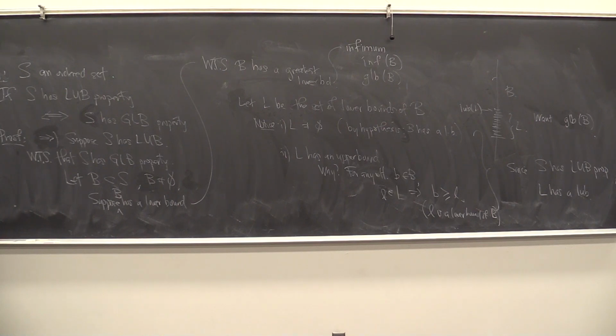Okay. So you might think, suppose we're talking about Q, and Q sits inside of R. If our S were Q, say, so maybe this is how you're thinking, I'm not sure. Maybe you're thinking, well, what if S is actually sitting inside of a set and there are other lower bounds there, and so we have to say that it's inside of S? Maybe that's what you're thinking? Kind of.